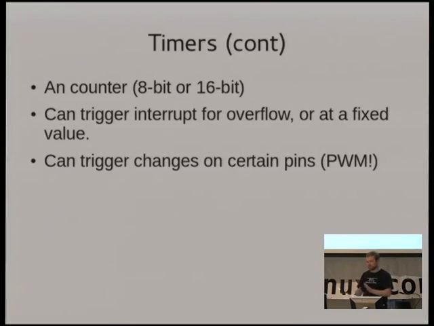So instead of counting all the way from 0 to 65,536, you might say, well, I want to trigger an interrupt 2/3 of the way through that. The reason you might do it at some arbitrary amount is because it takes a certain number of clock cycles to get there. If you're trying to do it based on the time, you work out how many clock cycles and how many increments it's going to need to take that amount of time, and then you put that in as the overflow counter instead of just letting it count through to the end.